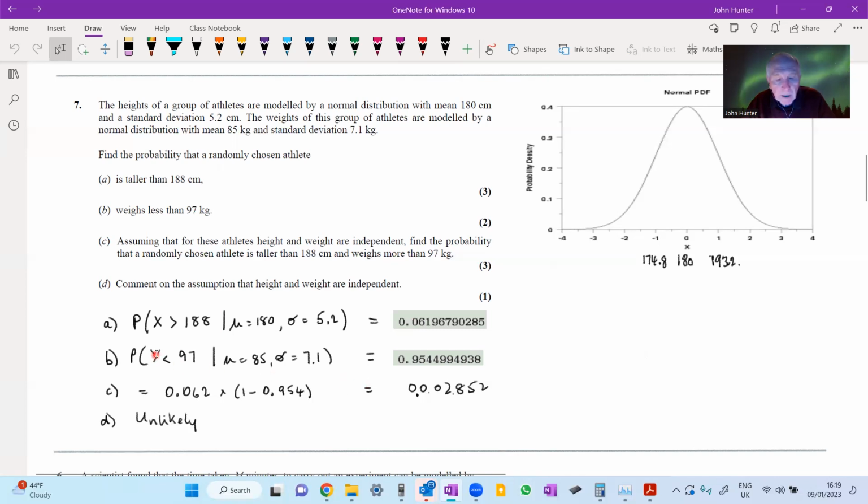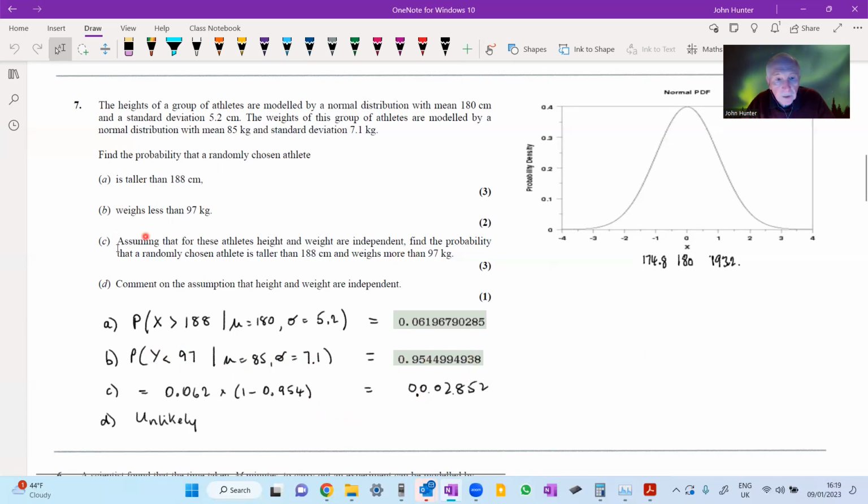And then the probability that the weight is less than 97 kilograms, I've used Y because that's basically a different random variable. Given these parameters, again, just stick them in. Our lower value this time would be minus some big number, and our upper value will be 97. And that's giving us this number here.